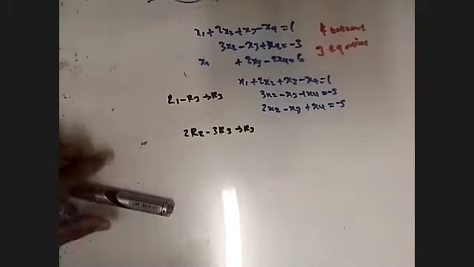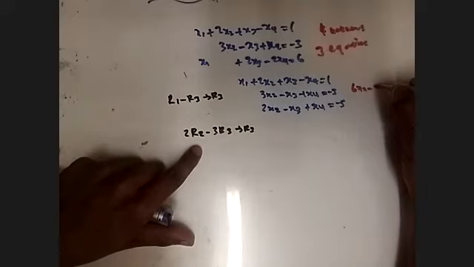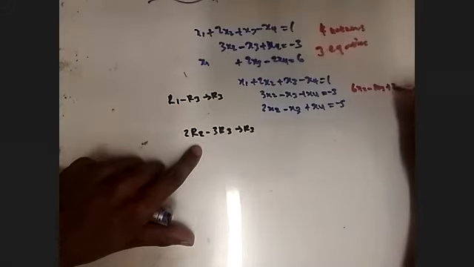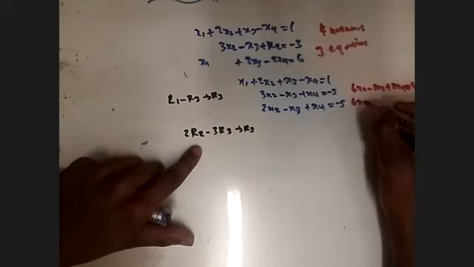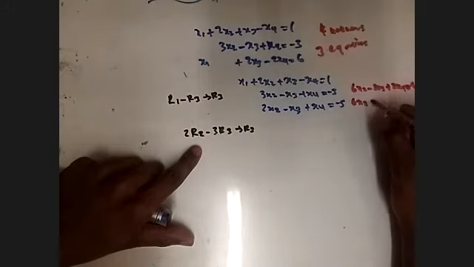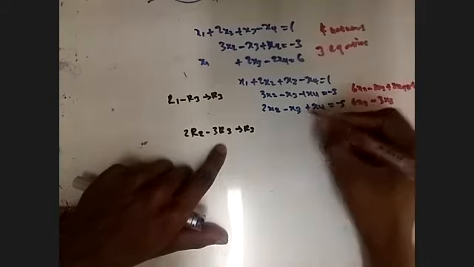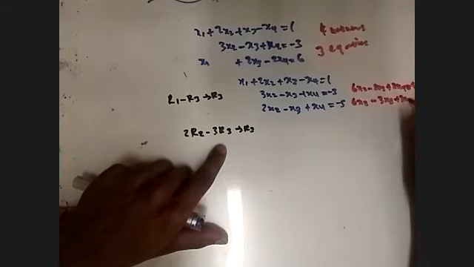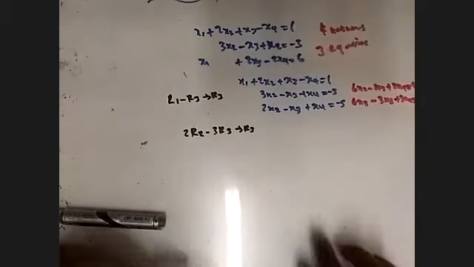Meaning this one multiplied by 2 becomes 6x2 minus 2x3 plus 2x4 is equal to negative 6. And then this one becomes 6x2, negative 3x3, 3x4 is equal to negative 15, because 3 times 5 is 15. If you don't see here, let me know. I will write it.